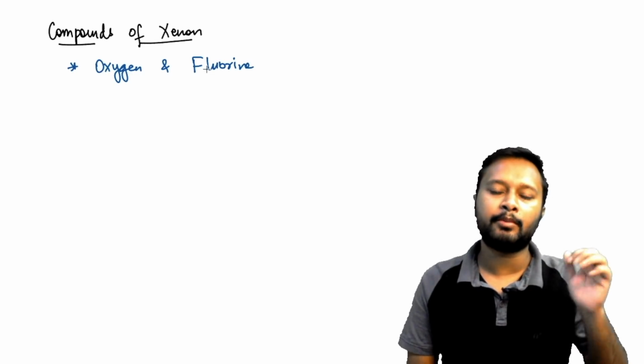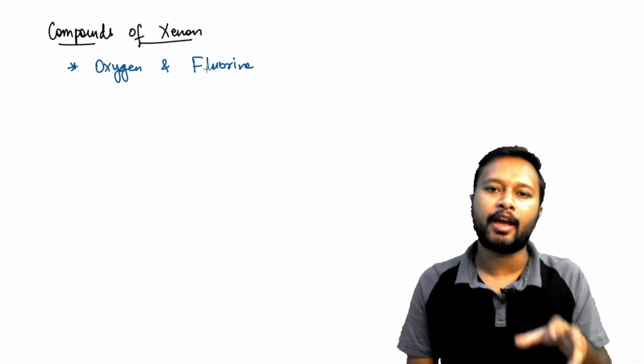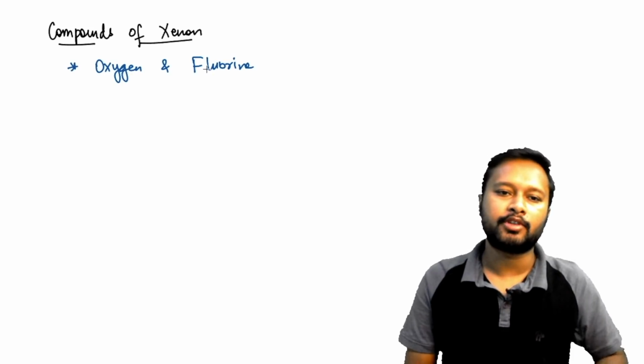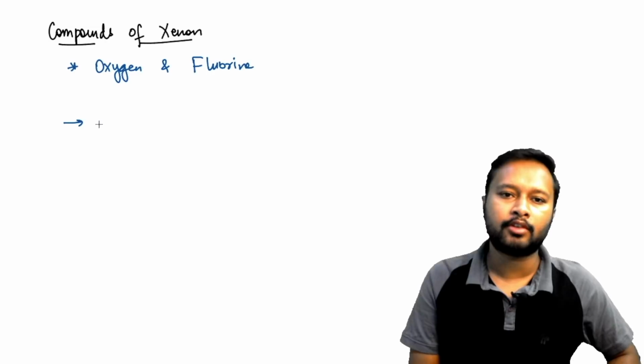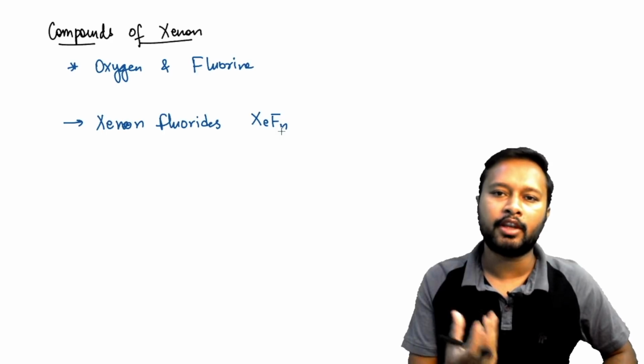Because of the highest electronegativity of fluorine and oxygen, we have compounds of xenon formed with fluorine and oxygen. So generally xenon forms xenon fluorides. Xenon fluorides have the formula XeFn, where the number of fluorines is generally even.